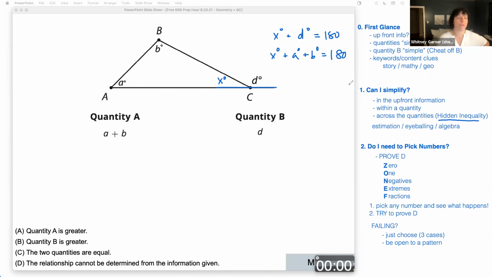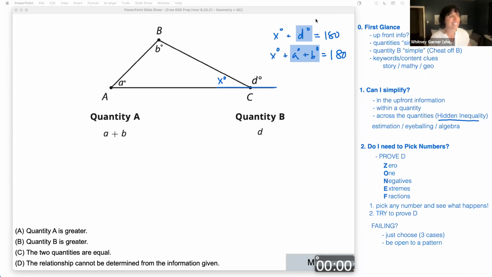In other words, if I add D to X to get 180, or I could add A plus B to X to get 180, then it must be the case that D and A plus B are the same. And so what this would be is like a thought of a remote angle.